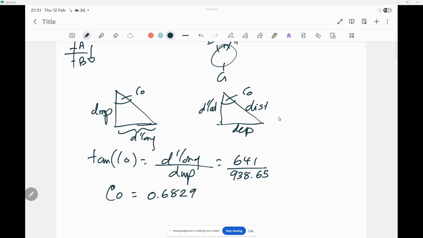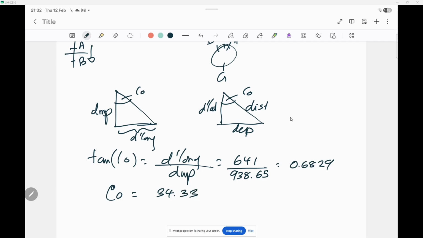0.6829. So tan inverse 0.6829, which is 34 degrees 33.